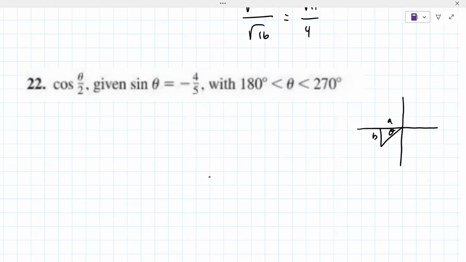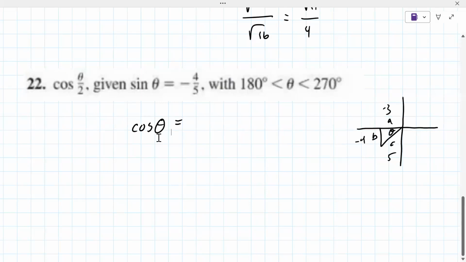So give me the value of A, B, and C, please, in this triangle. B is -4. C is 5. Okay, and how about A? -3. -3. Good.